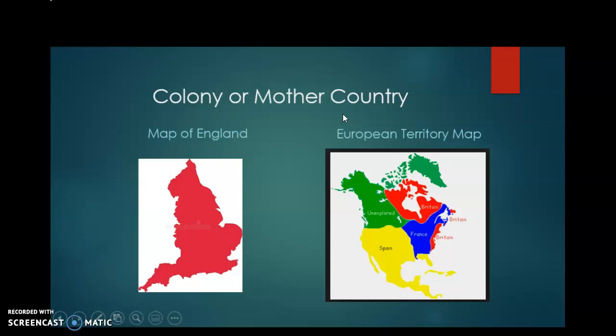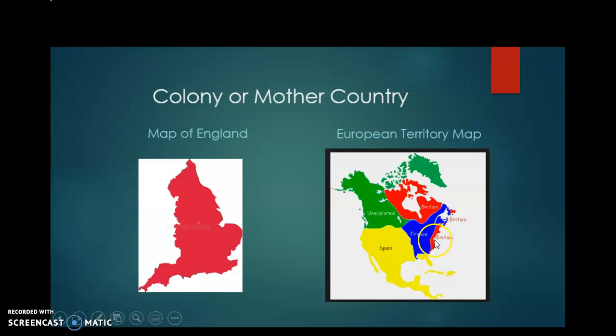Let's try another example. So let's look at England, which is the mother country and which is the colony. This would be the mother country, and this would be the colony. Wherever you see Britain, that's what they own. That's their colony. So we know from Jamestown, which was an English settlement, they would pick tobacco.